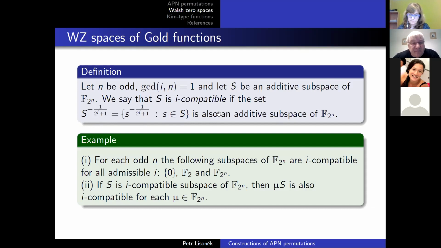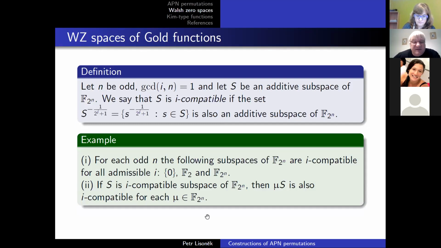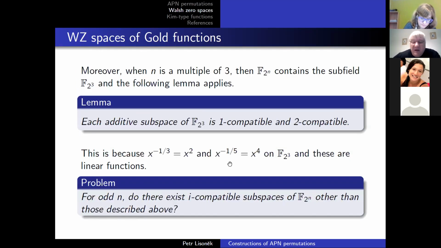If that happens, I call S I-compatible, for the I that occurs in there. There are some obvious I-compatible spaces. These three, I can scale them by a scalar. Those are, I would say, trivial examples, these in the green box.